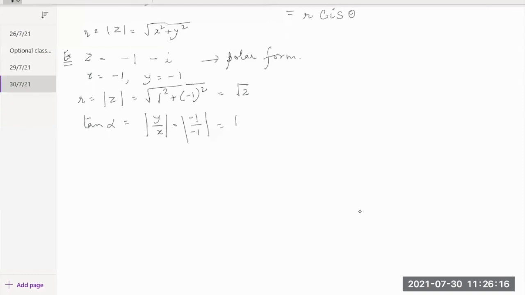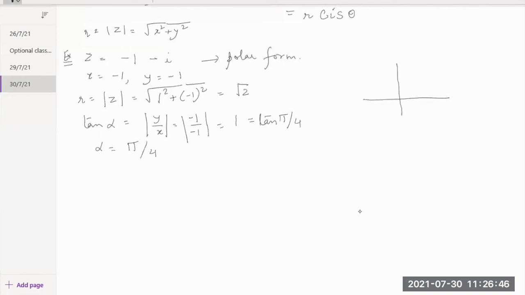And you know the standard value of tan 45, that is pi by 4. So you have in hand with you now the value of alpha as pi by 4. So now see, with the values of the x and y, you have done so many things. You've calculated r, you've calculated tan alpha, you've calculated your alpha also now. Now let's quickly note.